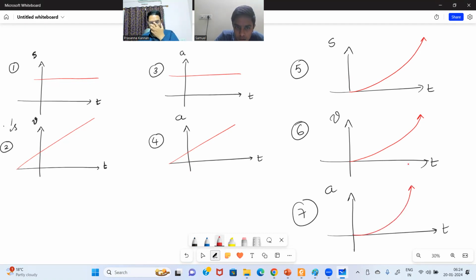Just make a note of these 7 graphs and take time till tomorrow. Whatever we have learned in equations, you can apply and get the answer.